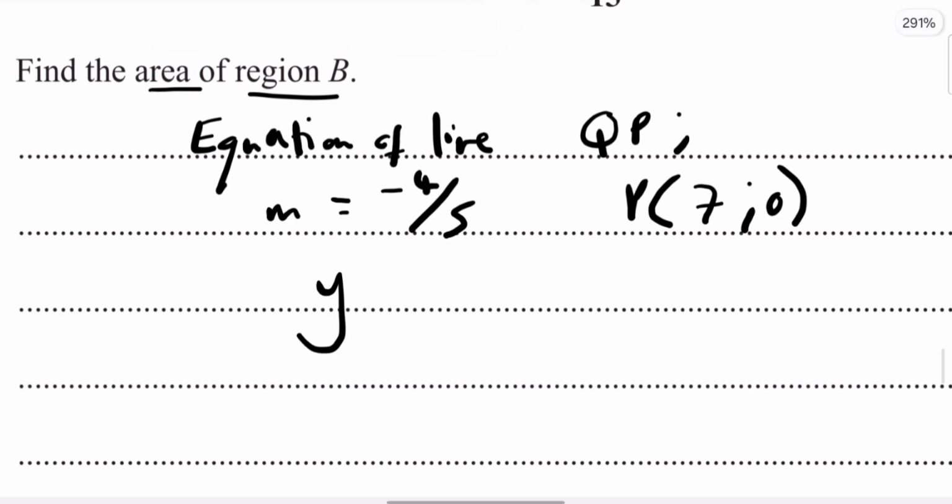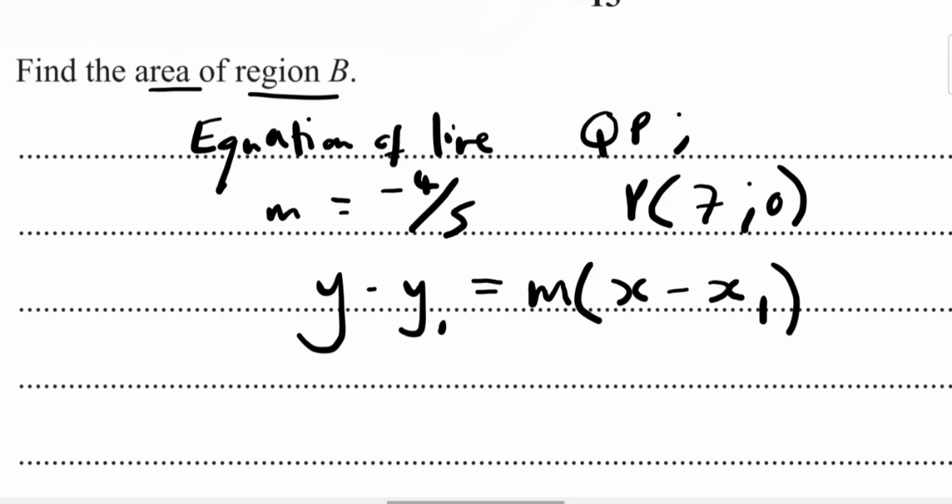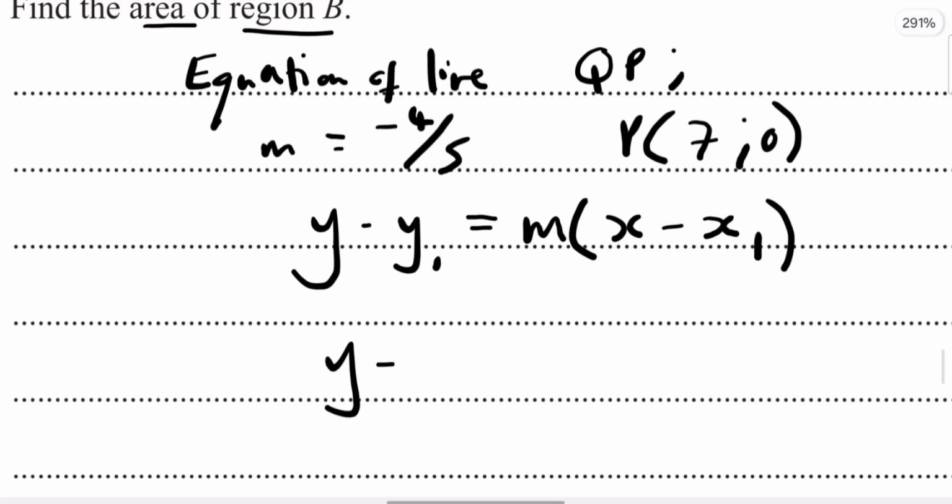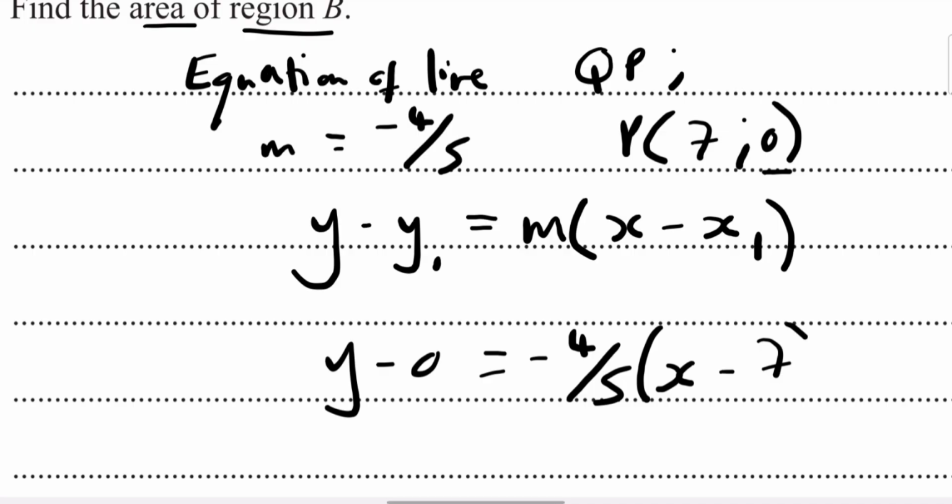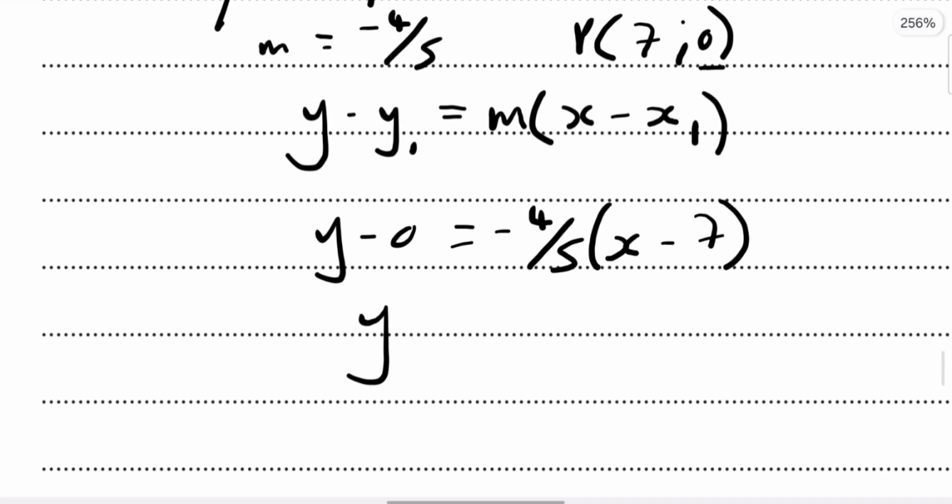So we're going to use y minus y1 equals m times x minus x1. So y minus this y part, 0, being equal to m, which is our minus 4 over 5, x minus 7. Y is equal to minus 4 over 5x plus 28 over 5.